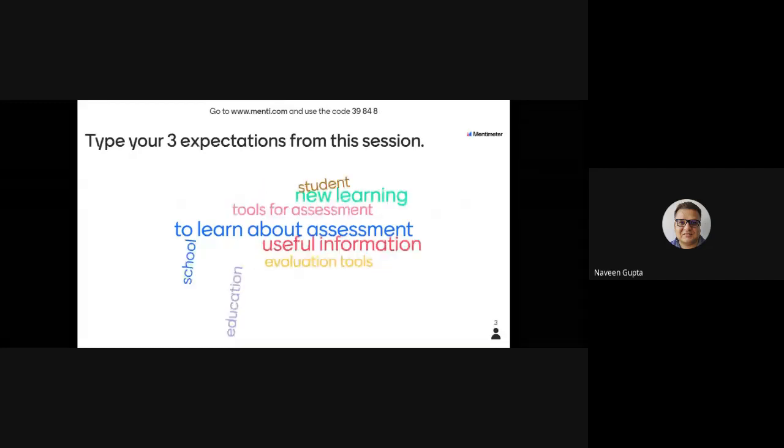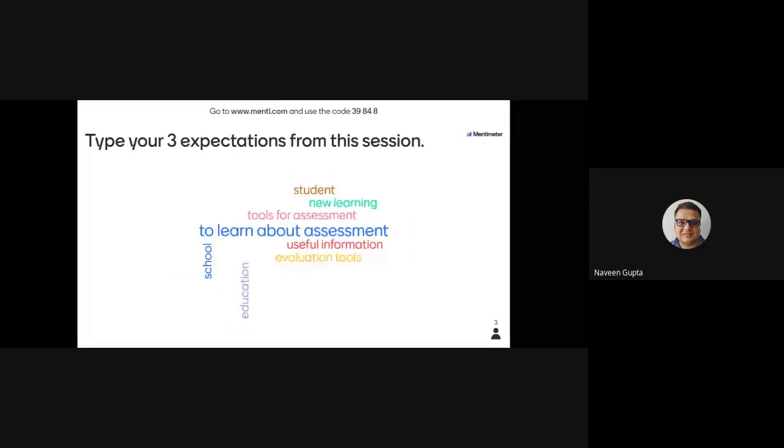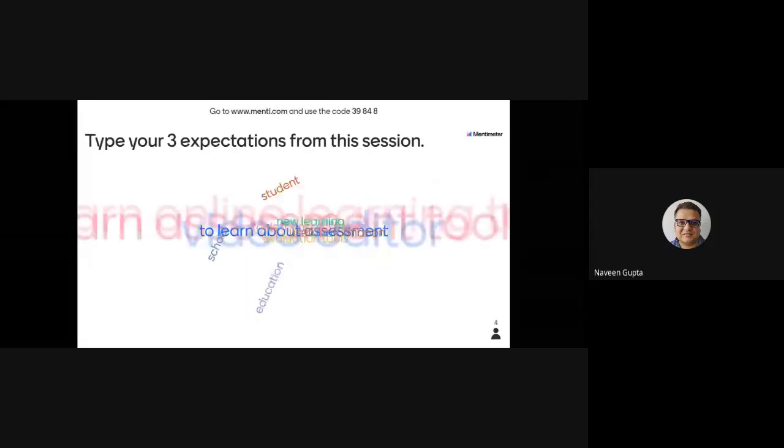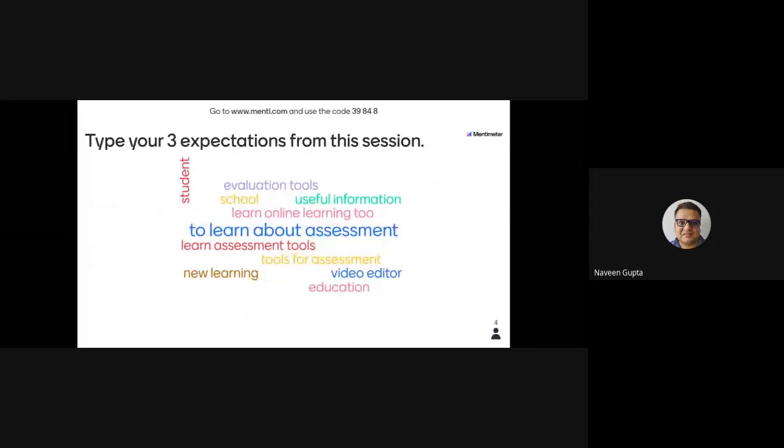I hope my screen is visible to you, that whatever you are writing is directly shared on the screen. It is asking you three things. First, you need to write in 3 words. Four people have already filled this.